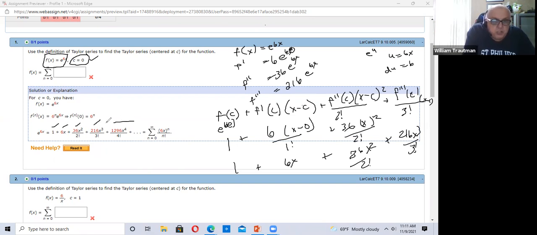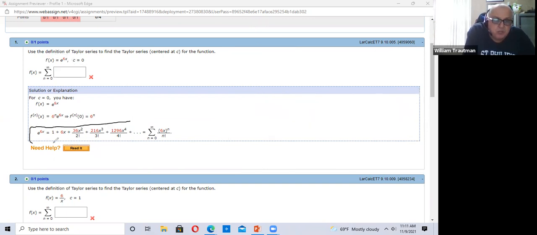And we want to use this somehow to create the summation. So I think this might be the hardest part of the problem. We need to use this to create this. You have to create this on your own here.